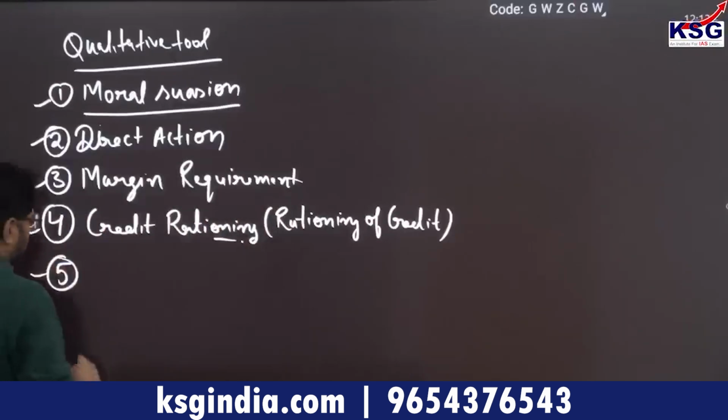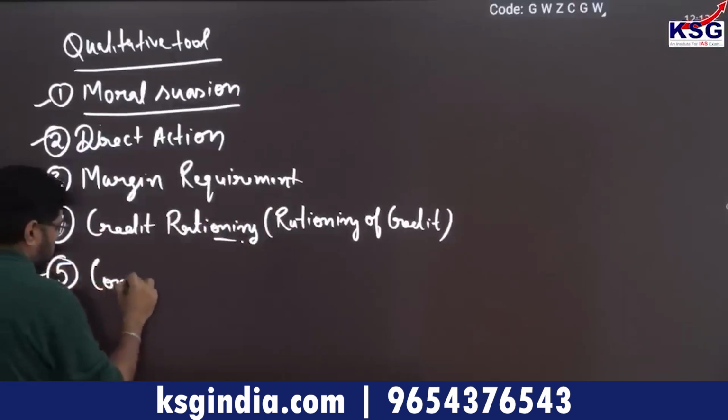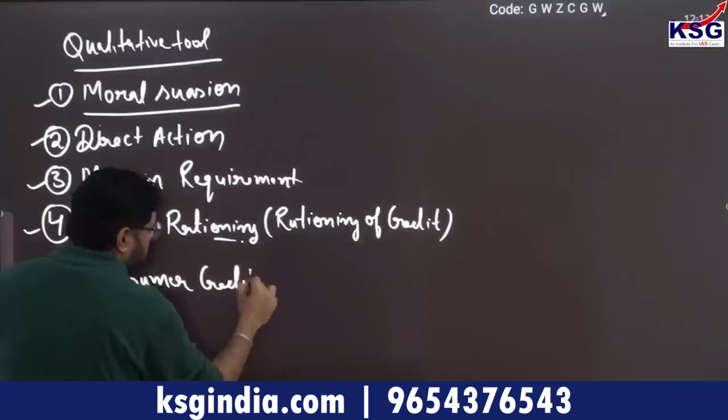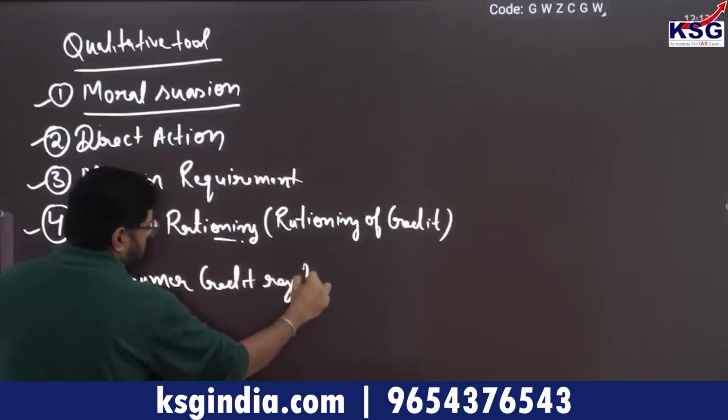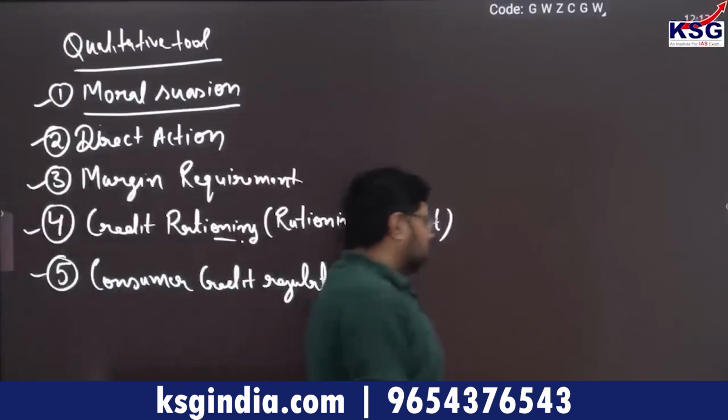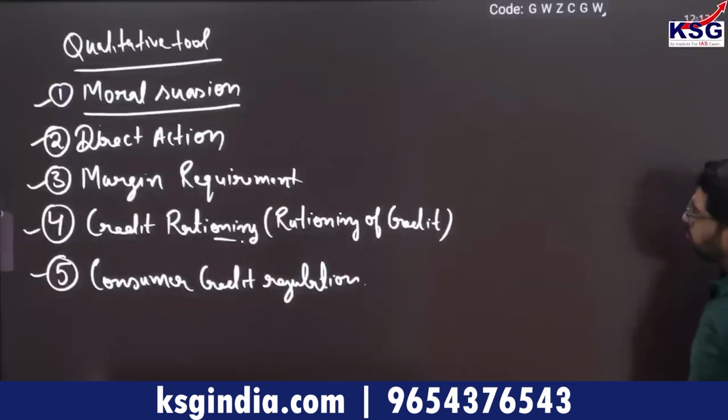Fifth, consumer credit regulation. Okay, so these are the 5 qualitative tools.